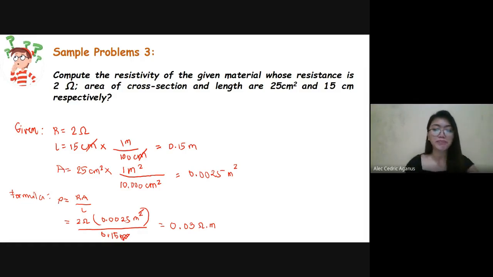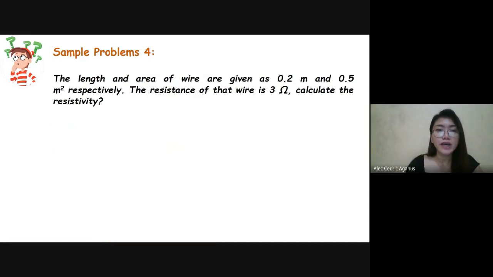Now, another example: the length and area of a wire are given as 0.2 meters and 0.5 squared meter respectively. The resistance of that wire is 3 ohms. Calculate the resistivity. Just like in the first example, just substitute the given values into the equation.